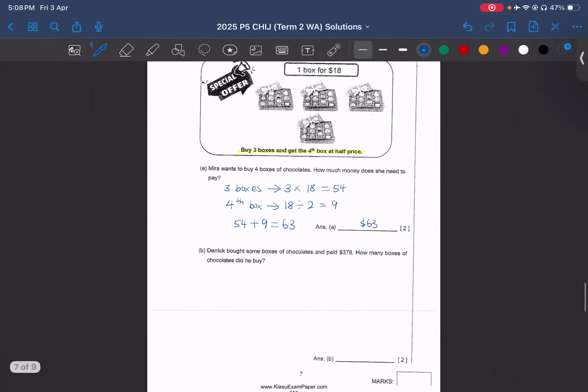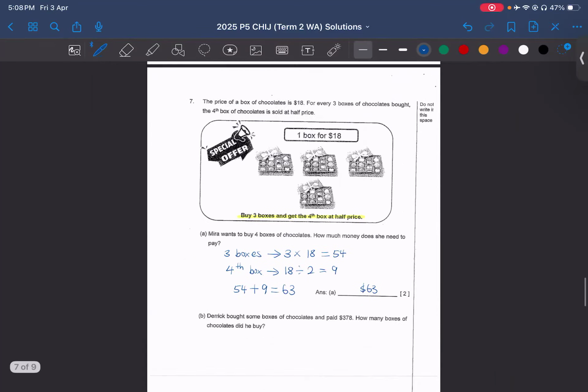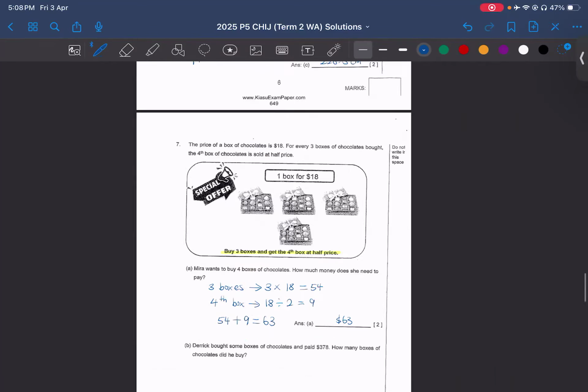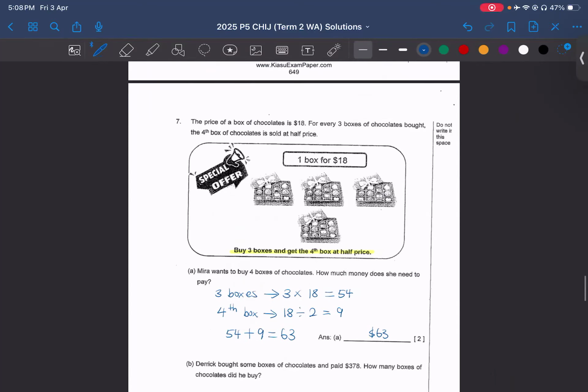Okay, for part B, Derek bought some boxes of chocolates and paid $378. How many boxes of chocolates did he buy? In this case, what we have in this box here, I'm just going to highlight this whole box here, essentially is what we have inside one group.